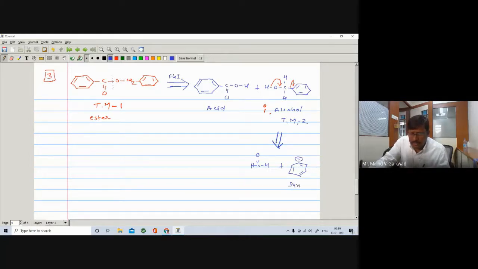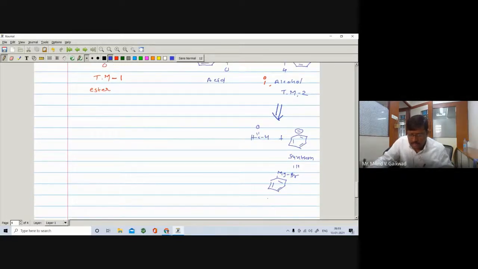And for this negative, we can write the corresponding synthetic equivalent, and the synthetic equivalent is your Grignard reagent, MgBr, Mg and Br. So it is called a synthetic equivalent.